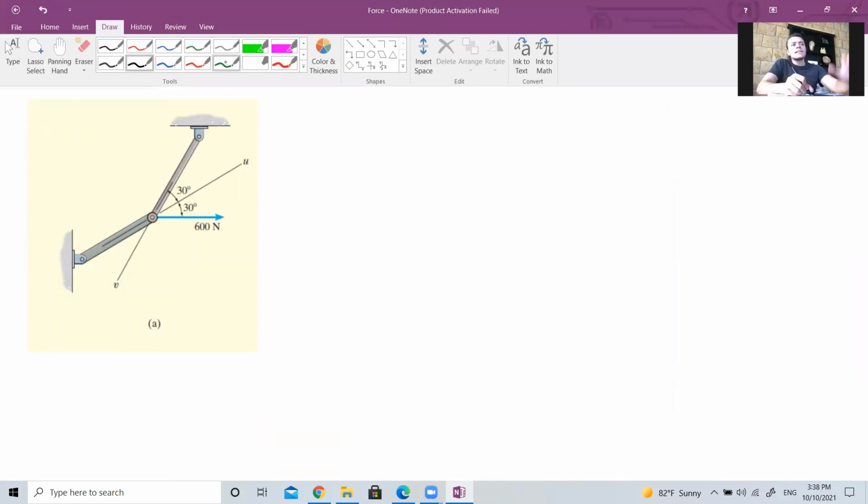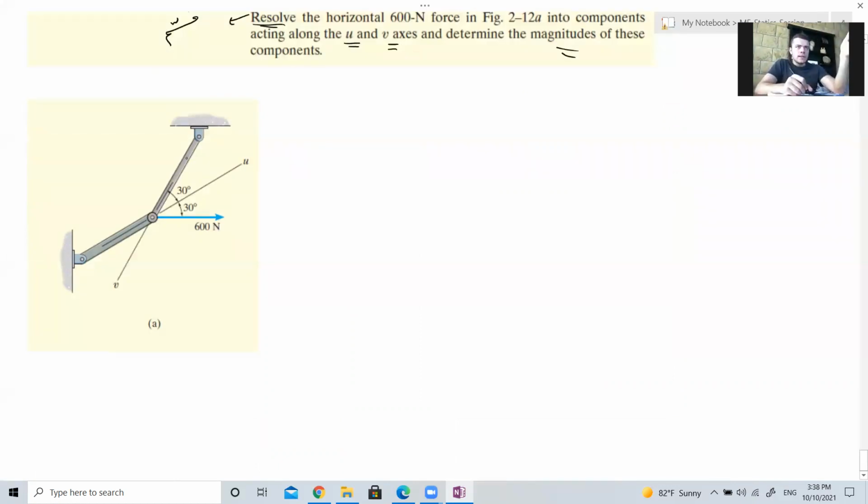When it says to divide the force into components that are not the X and Y components, you should use the parallelogram rule.